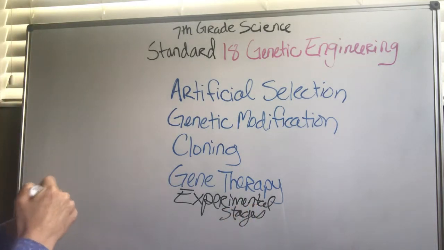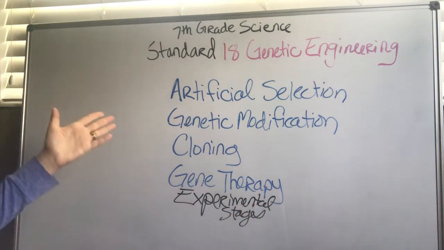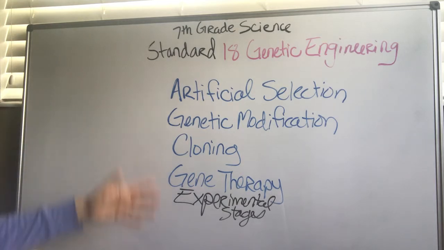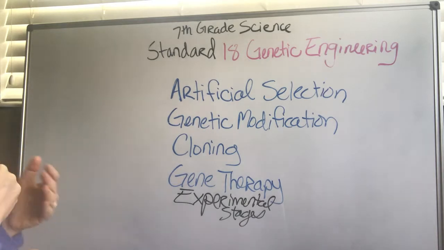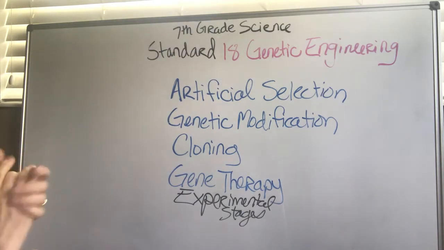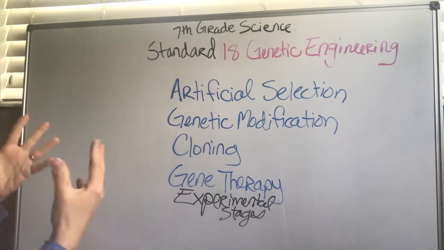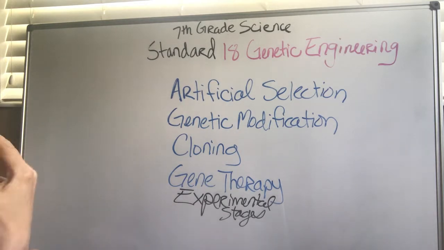Okay, so that's what you need to understand about genetic engineering. We're going to go on to next claims, identifying claims, because that's what this standard really focused on, claims and finding evidence of those claims in a paragraph.